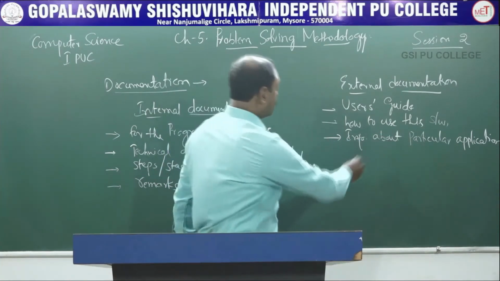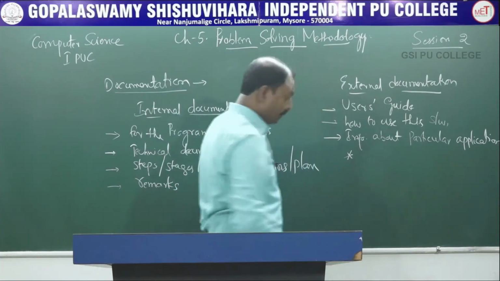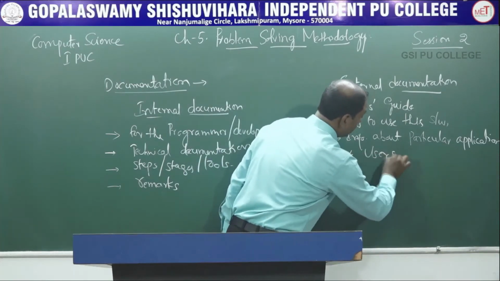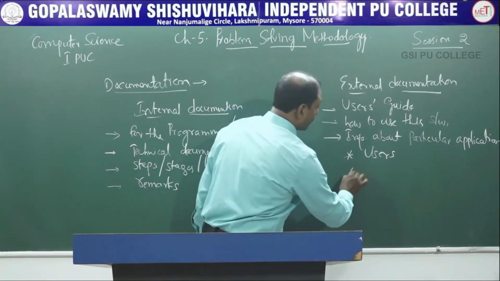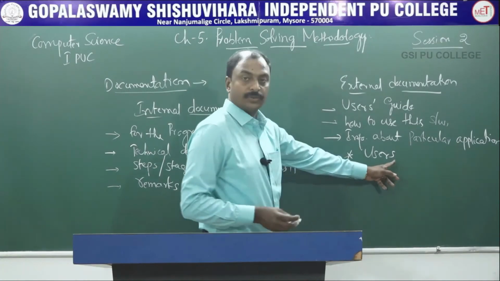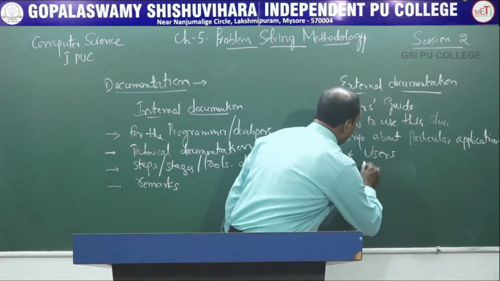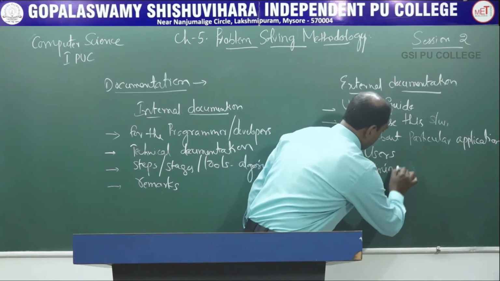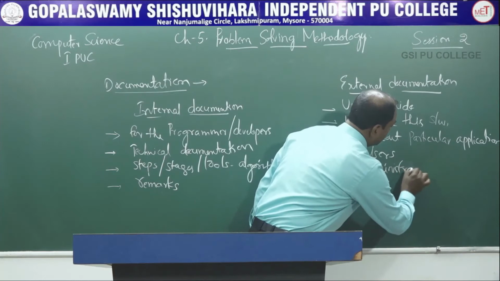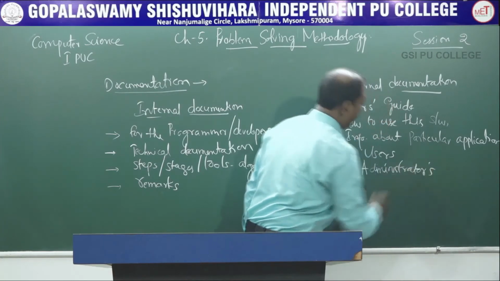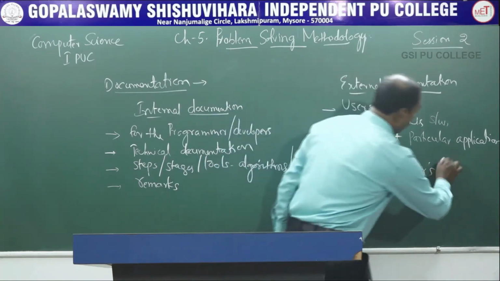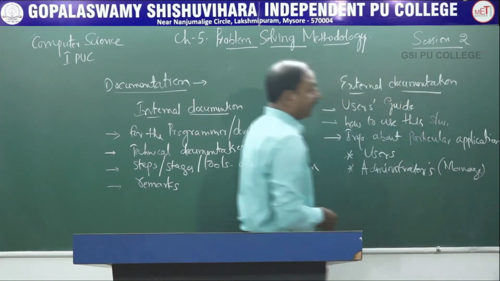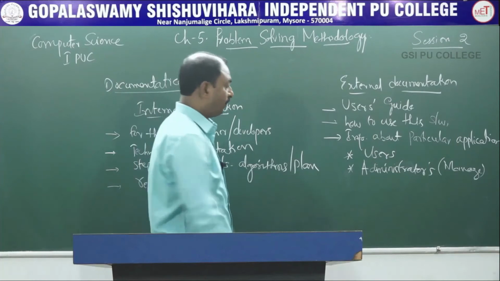And here also there are three types under this. One is documentation for users. This is only for the end users. The second one is called the administrator's manual. This is for one who manages that particular application or software.